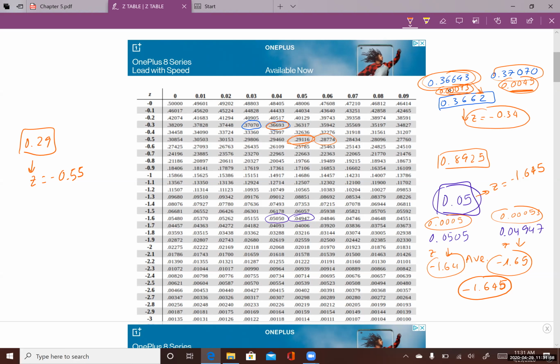So I found this value and this value. Which one is the closer one? The closer one is this value, actually, because the difference is 0.00083 compared to the other one. So the z value is negative 1.04.